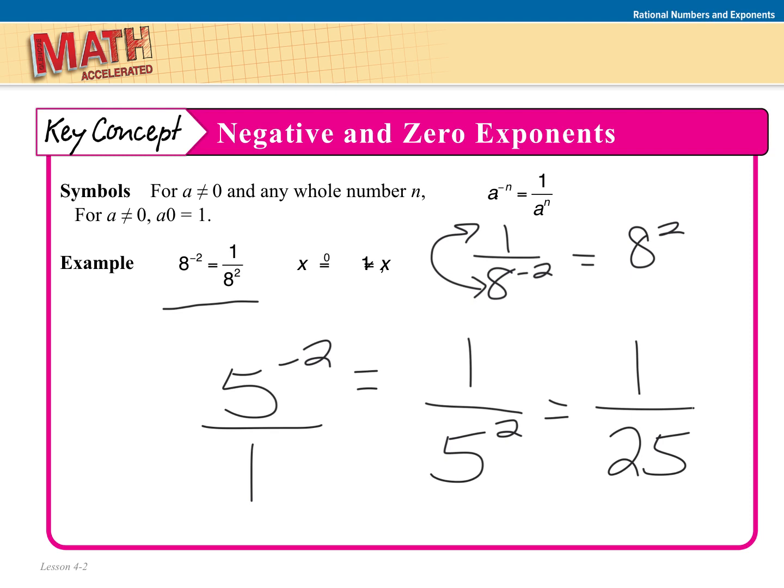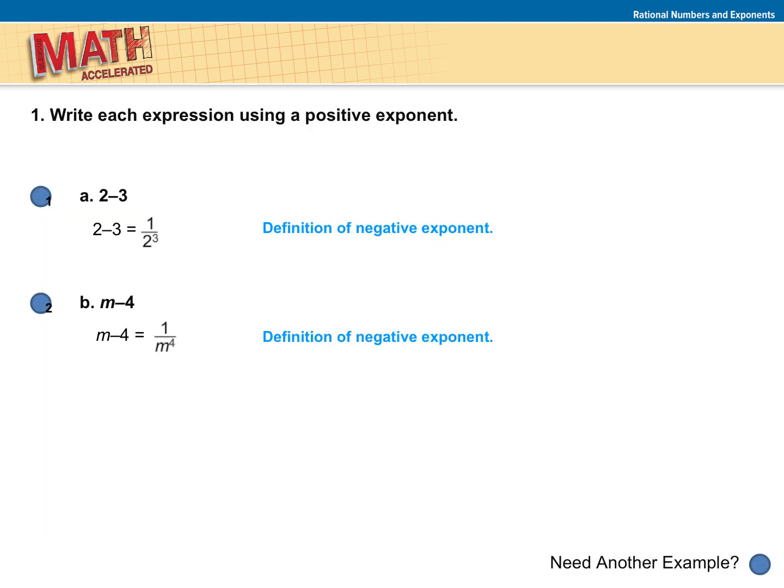Okay, let's look at a couple of examples. Here they had 2 to the negative third power. Can we solve that? Why not? There's no such thing as negative exponents. So how do we make it positive so we can solve? Flip it, because then this is over 1.